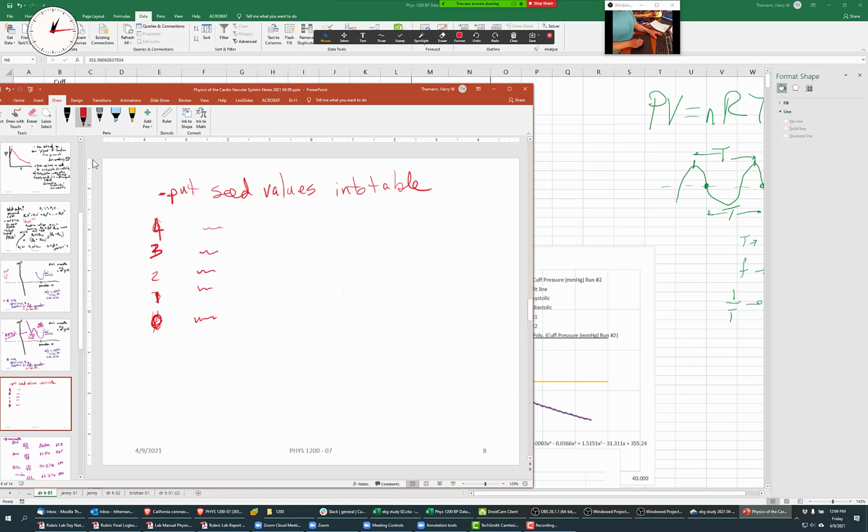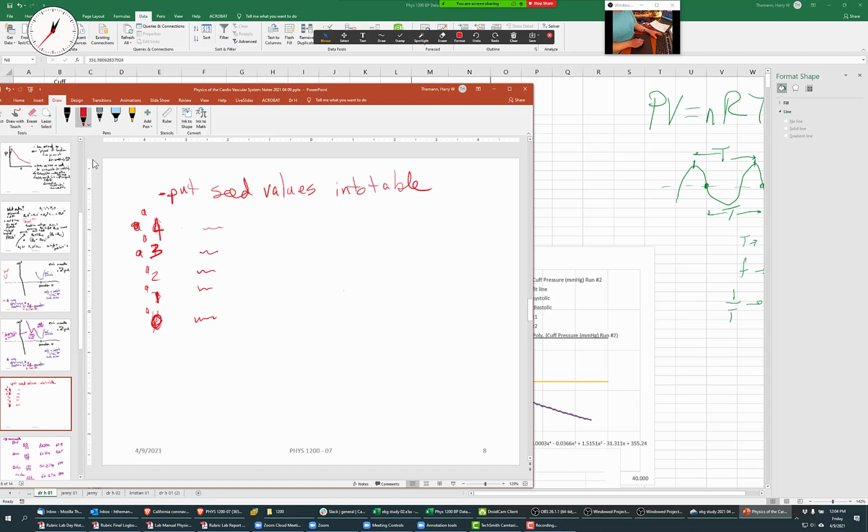Then we made a fit equation. And let's just call it, oh, I'm worried about that. These are not Excel references. So it's a sub 4, a sub 3. I'll put it small.